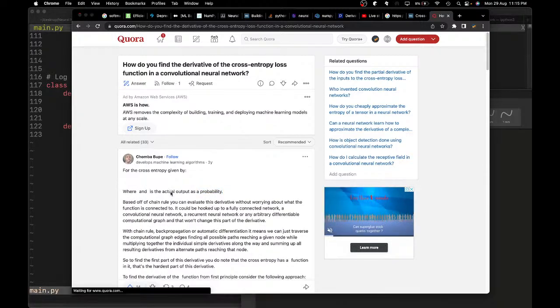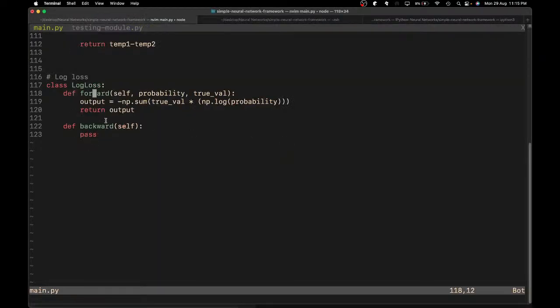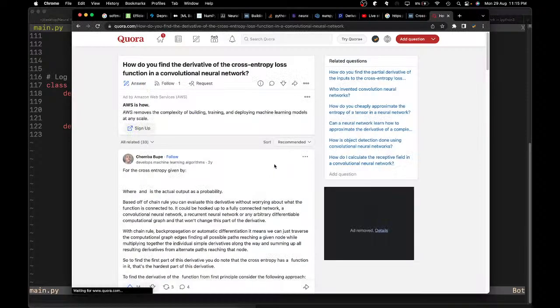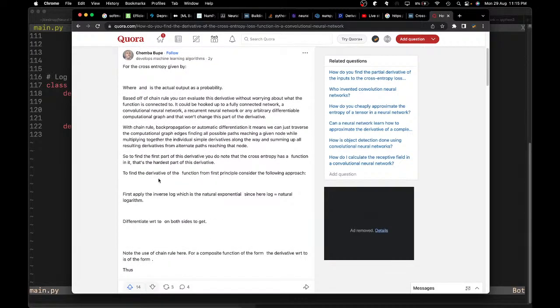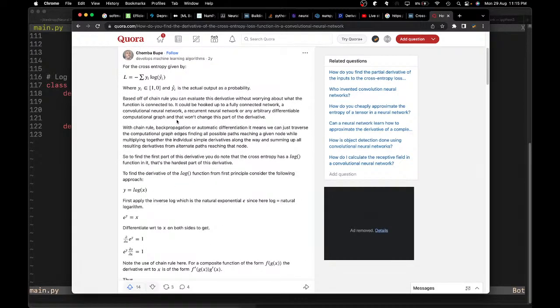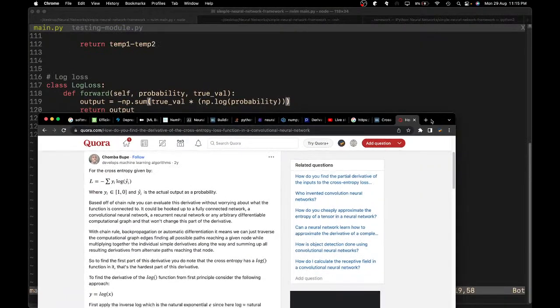Wait, so in this one they gave a different equation for the cross entropy loss. It's np.sum of the true value and the log of the predicted probability. Differentiate. Oh, all right. So this is the function that I was actually talking about. I think it's the same thing.